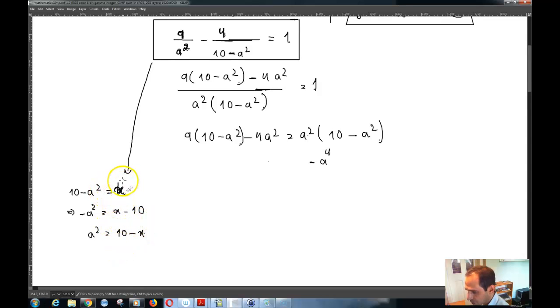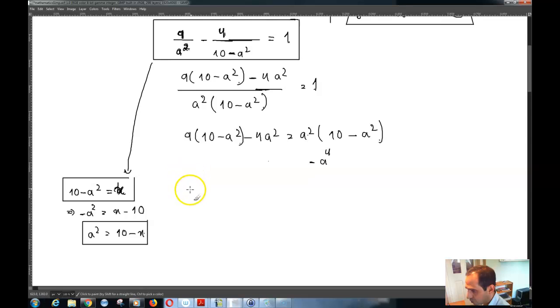So what that means is that now I can write a squared as 10 minus x, and 10 minus a squared I can write it as x.